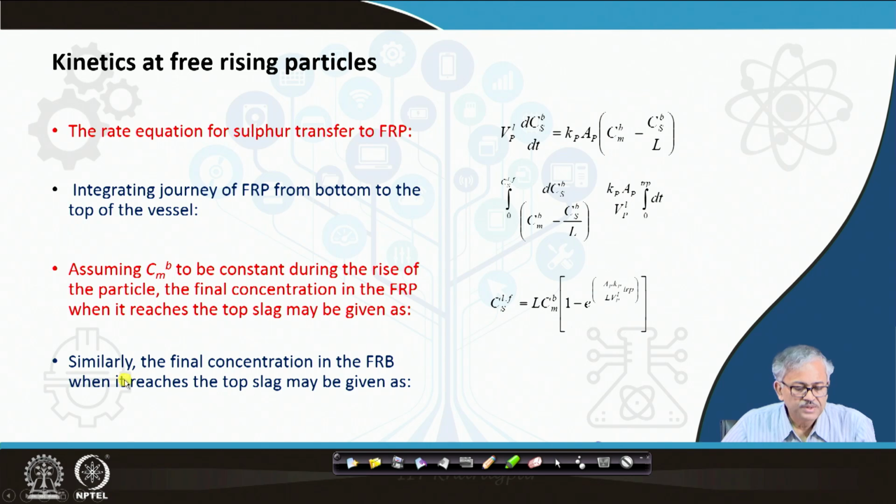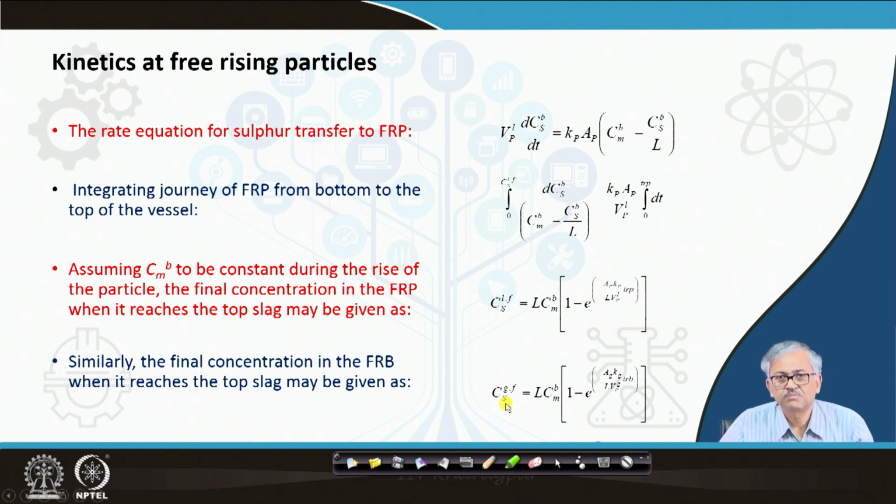And similarly the final concentration in the FRB, that is the free rising bubble, and the particle attached to the free rising bubble, that concentration also can similarly be given by this, that is when the particles attached to the bubble are moving and joining the top slag, then the concentration of impurity for the particles attached to the bubble will be given by this.